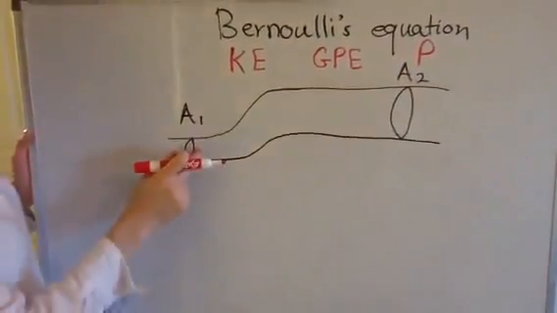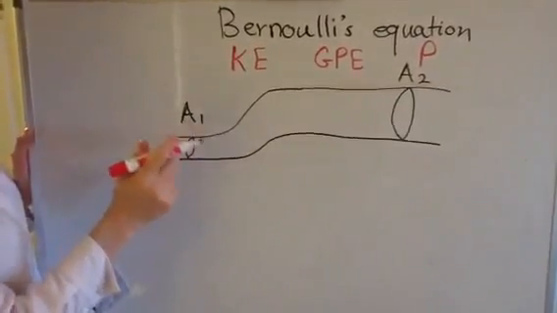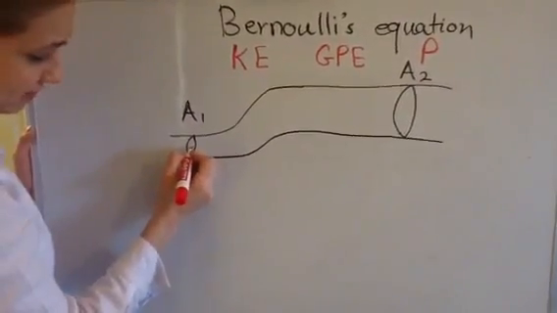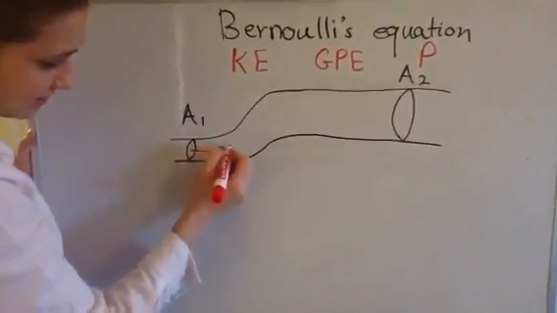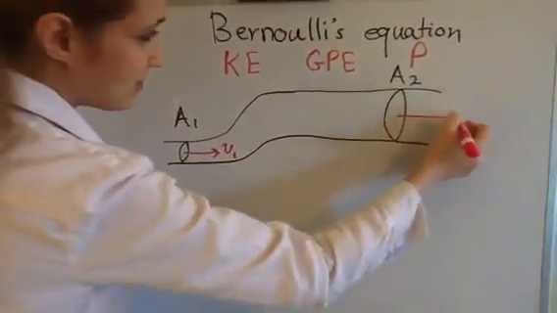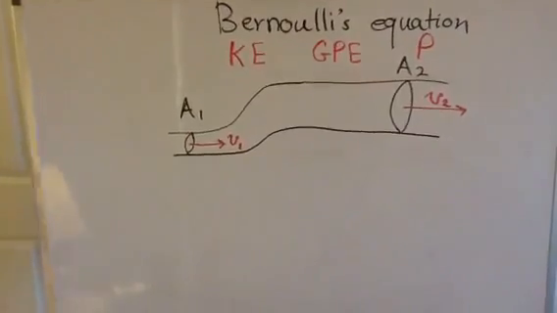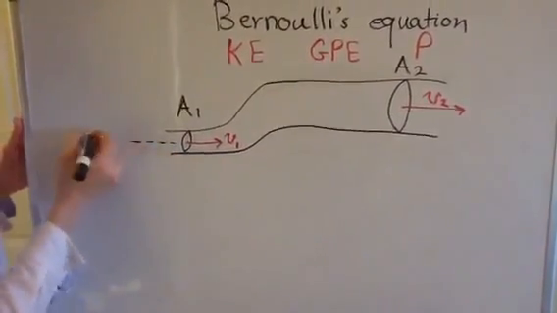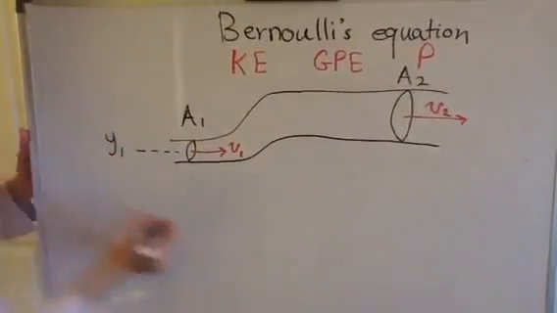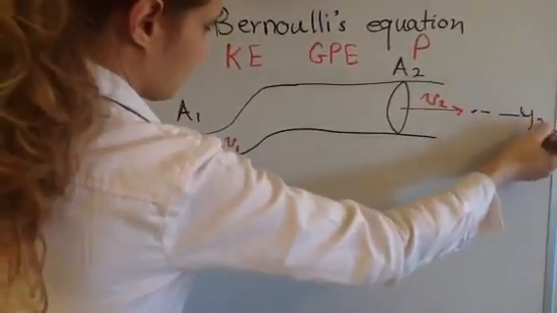And we assume an incompressible fluid is moving from this end with a velocity of v1 towards the other end with a velocity of v2. The level here is y1, the level here is y2.